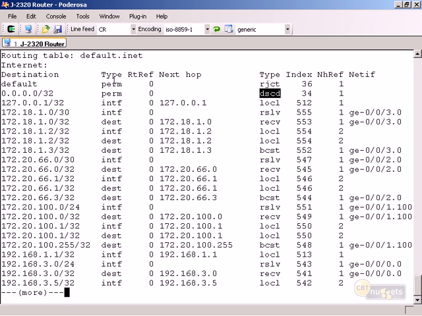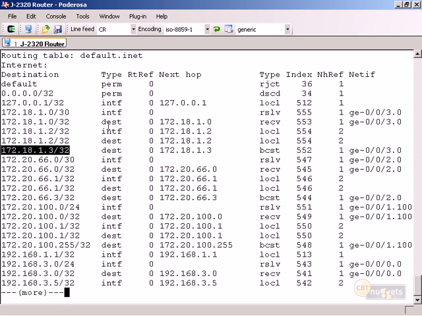Now let's focus on this type column here. It's very important. Obviously we have some that are permanent, that are basically installed by the kernel. Then we have INTF. This is basically here as a result of configuring an interface. For example, 172.18.1.0, or specifically 1.2. And we can see these as part of the interfaces that I configured on my J2320.